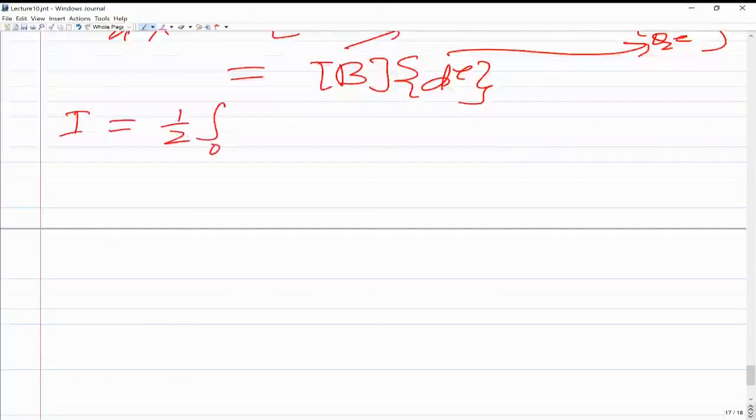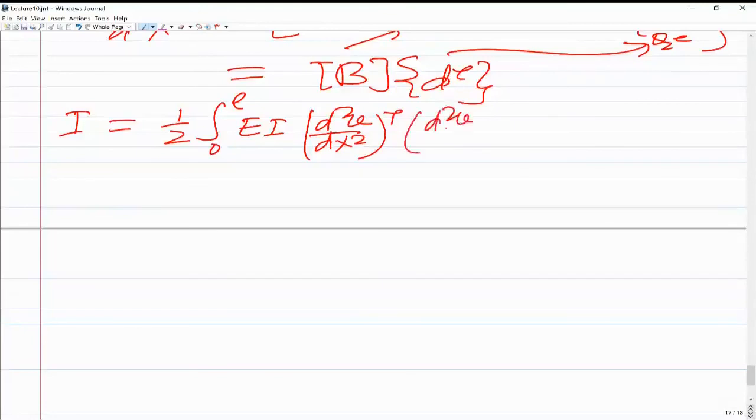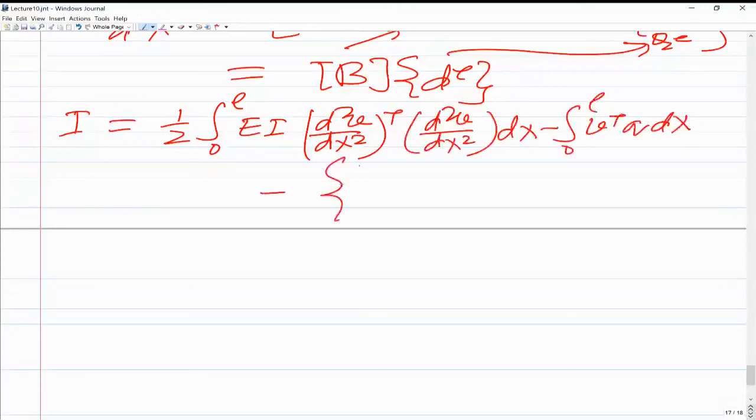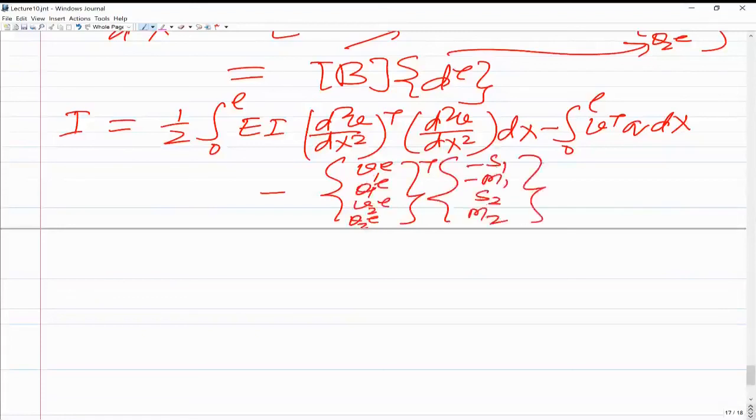So you will write this as half integral 0 to L, ei, d2v by dx square transpose, d2v by dx square dx, minus the second term, v transpose q dx, and the third term in terms of the vector of elemental degrees of freedom, v1e, theta 1e, v2e, theta 2e transpose, and then we have the shear force and bending moment at node 1, shear force and bending moment at node 2. So this is your integral functional.